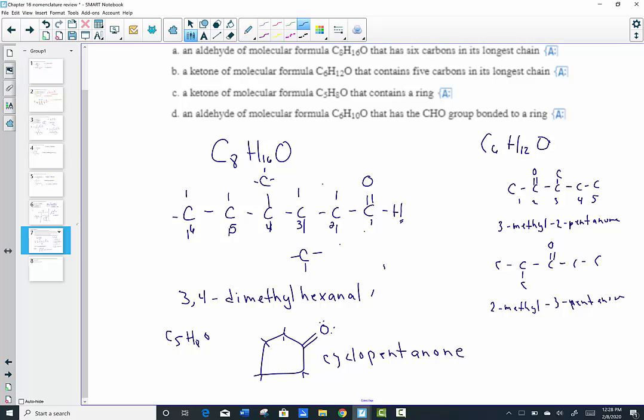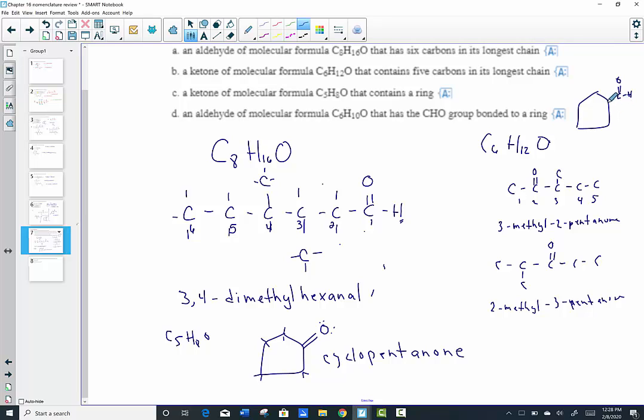And letter D, an aldehyde of a molecular formula C6H10O that has the aldehyde group bonded to a ring. So I'm thinking there we need a 5-membered ring because the 6th carbon has to come out as the aldehyde.